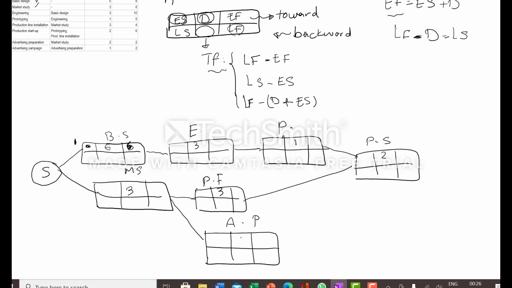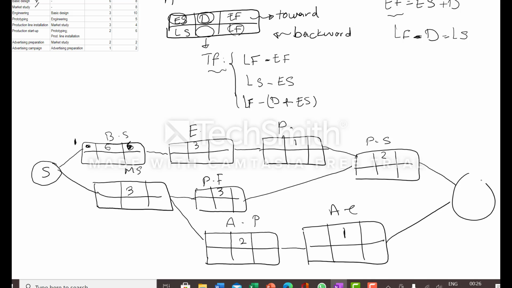The duration is 2 months. After finishing the advertising preparation, we can start advertising campaign. The duration is 1, and you can link them to the end node.